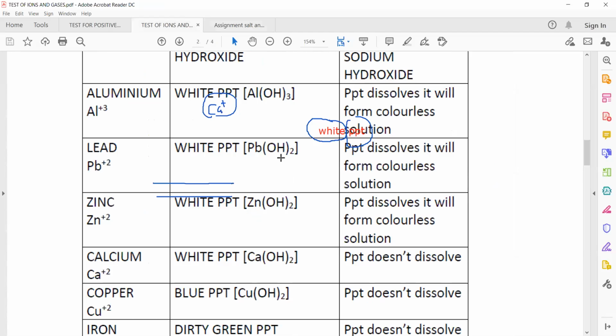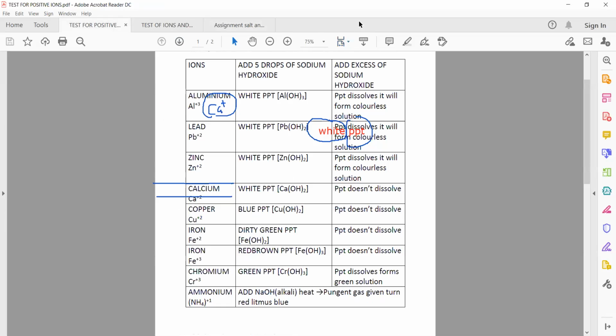So if we add excess of sodium hydroxide and we have a calcium compound, what will be the observation here? You can see if we add excess, the precipitate does not dissolve, or the precipitate will be insoluble. Well, there is no observation, right, sir? Yeah, no visible change or no observation.